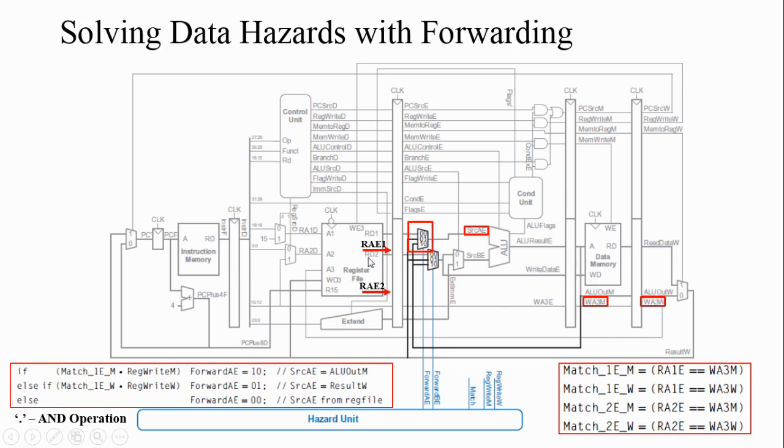So whether these two are matching with these two. If this is matching, this bit will be set. If this is matching, this bit will be set. Similarly, if the second register read address is matching, this will be set. So this is the modification made on the control unit in order to incorporate the forwarding technique.